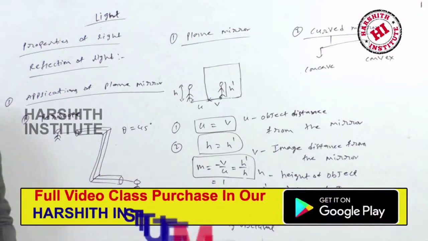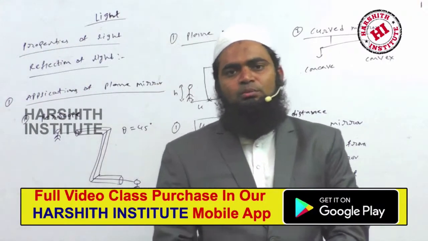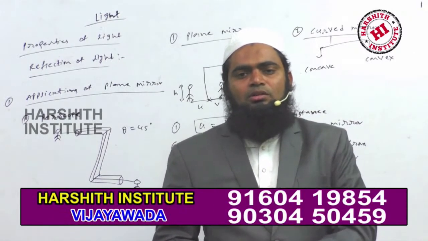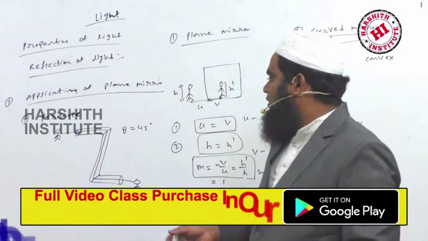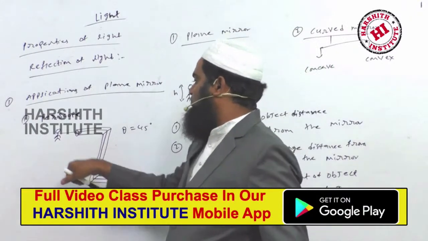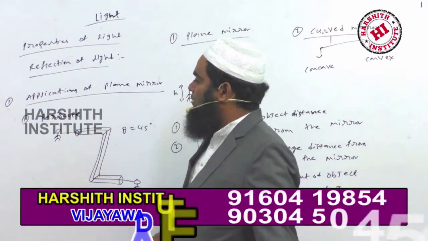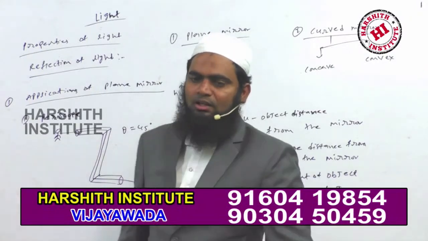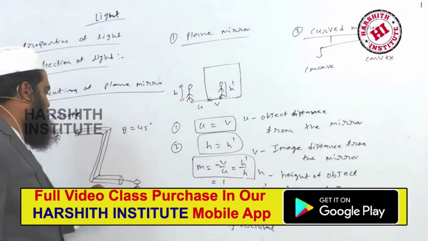We can use this periscope in submarines. We can see things at a high level or low level also. So this is a periscope. We can use this pattern also. In a periscope, we use a plane mirror, and the angle here is 45 degrees.